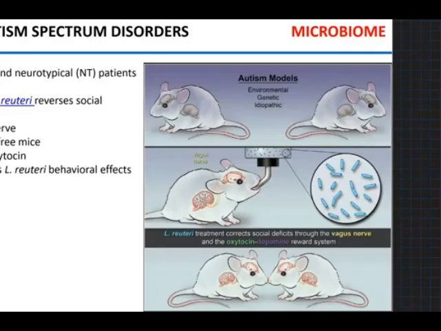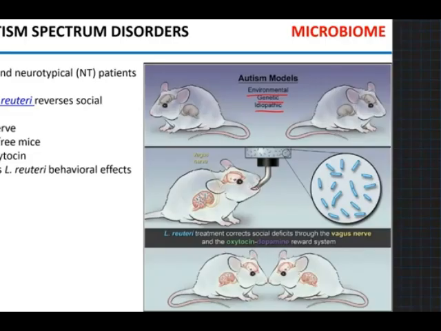Okay? And models could be environmental, so they treat it with something, some of them genetic, some of them... Do you know what idiopathic means? I prefer we have no idea. Like when somebody says, oh, it's like idiopathic pulmonary hypertension, for the last 50 years we didn't manage to figure out what causes it. Yeah, that's idiopathic. So mice that exhibit autistic behaviors.